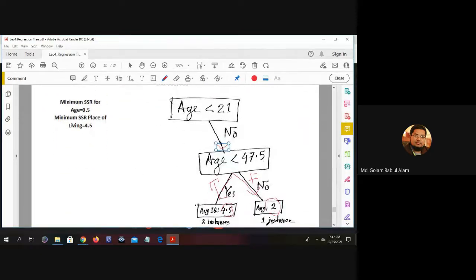So 2 instances and 1 instance. If there is 1 instance, there is no scope of expansion. But in this case, we can expand. But as I mentioned, I use the threshold 2. That means if it is 2 or less than 2, then I will stop expansion. I can stop here.